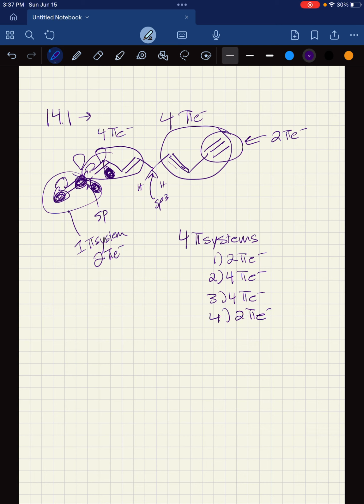And just a note, let's say we had a system like this. Normally looking at this, you might think, oh, that's an sp3 hybridized nitrogen.